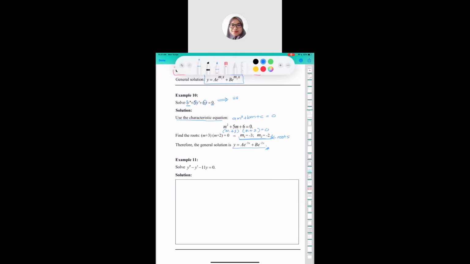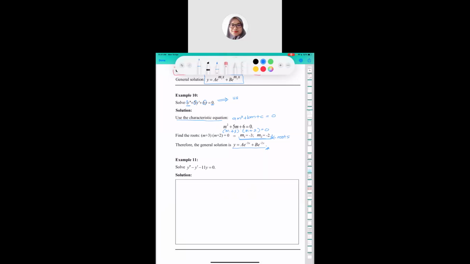Hopefully you tahu nak tekan guna calculator nak dapatkan roots. Tahu ke tak? Do I need to teach you or you dah tahu sendiri? Tahu, doktor. Okay, good. So press the calculator.